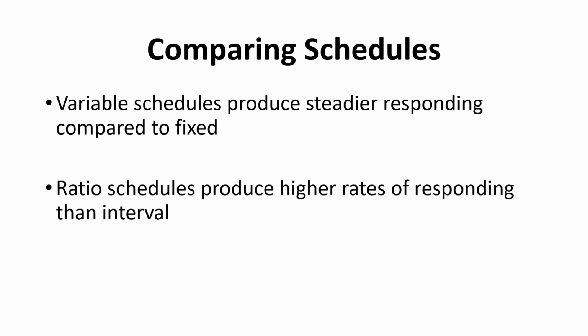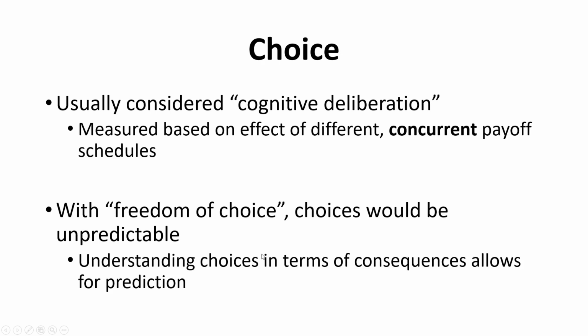Our fixed schedules, whether they are ratio or interval, tend to show those steps or scallops, whereas the variable schedules are much flatter, more consistent lines. And then from the experiment that we just looked at, ratio schedules produce higher rates of responding than interval schedules. So that's our comparison between those 4 different types. All right, so that brings us to the end of our schedules of reinforcement portion of the chapter.